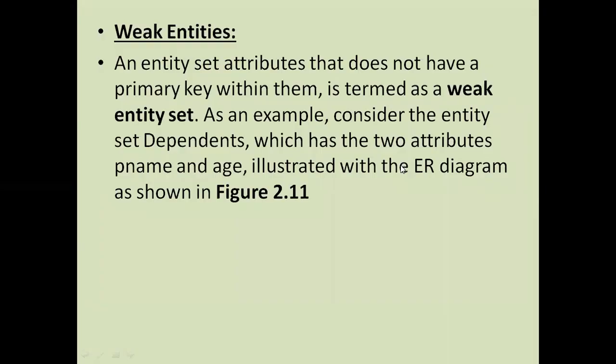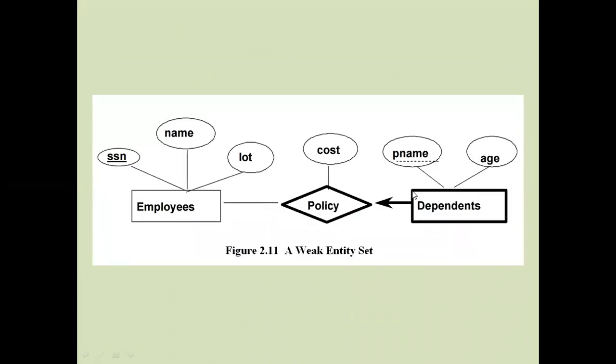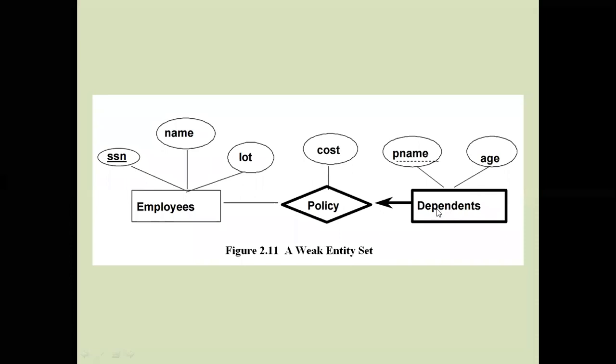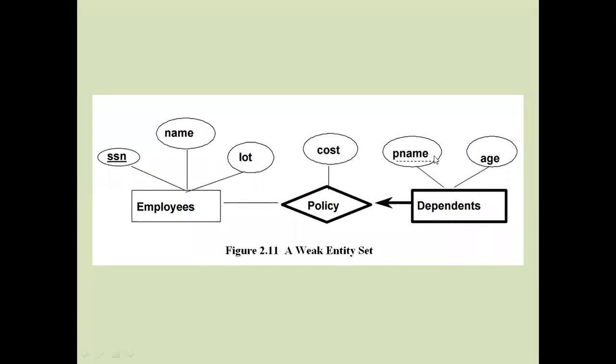Next one is weak entities. If an entity set's attributes do not have a primary key, then it can be referred to as a weak entity set. How are we representing that? With double lines of the rectangle, or a thick line of the rectangle also. Here, if you observe, dependents have the attribute person name, or p name.